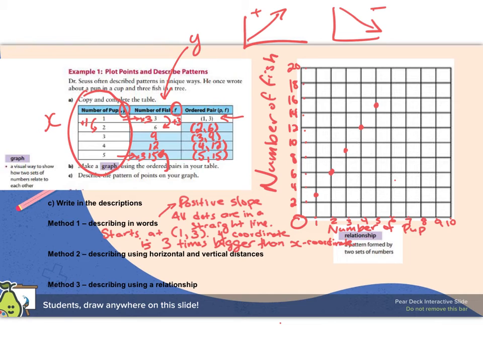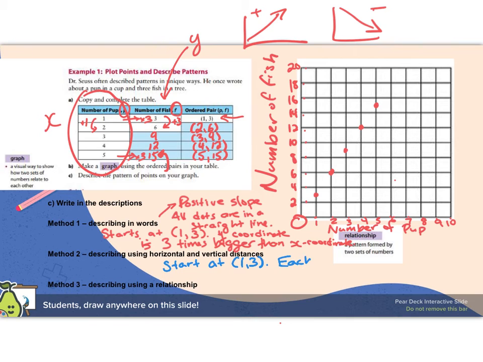Okay, method 2, describe using vertical and horizontal distances. So for this one over here, same thing, I'm going to let the person know that I'm starting at 1, 3.